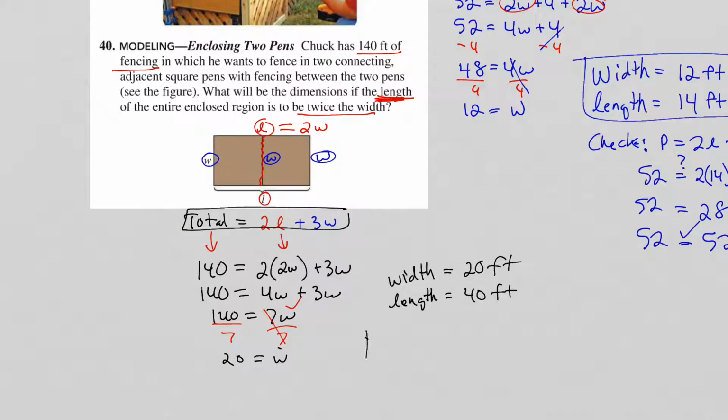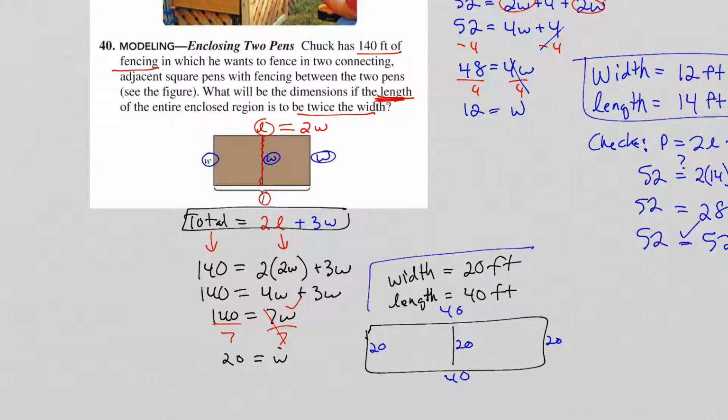Okay, so basically, if we label this, this is 20, 20, 20. This is 40, this is 40. Okay, so 40 plus 40 is 80, plus another 60 is 140. Okay, so this checks out.